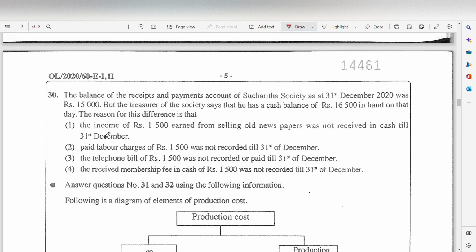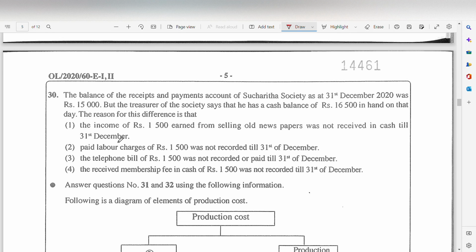The reason for this difference is that the income of rupees 1,500 earned from selling old newspapers was not received in cash till 31st December. That's wrong. Why? On 31st December, cash was received. So, first one is not the answer.